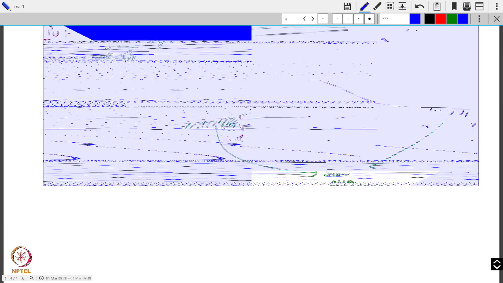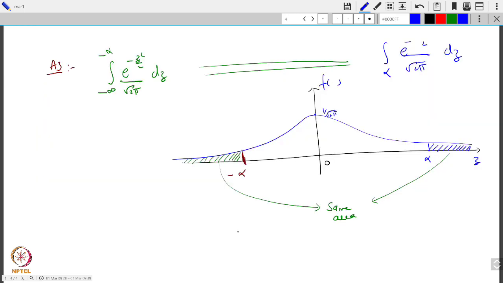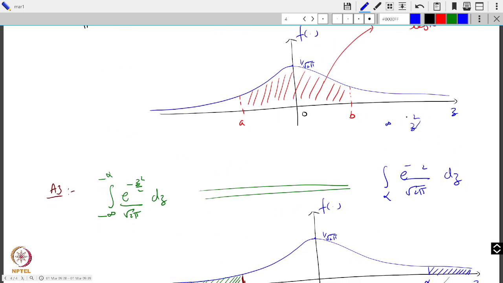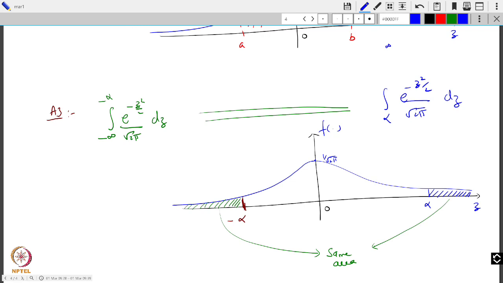This you can also make rigorous using your 12th class mathematics.